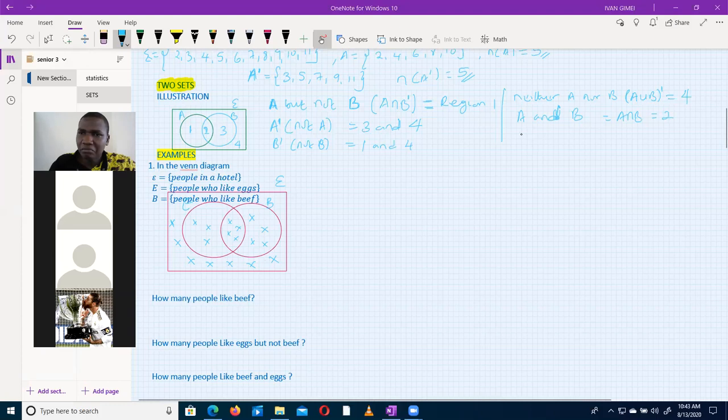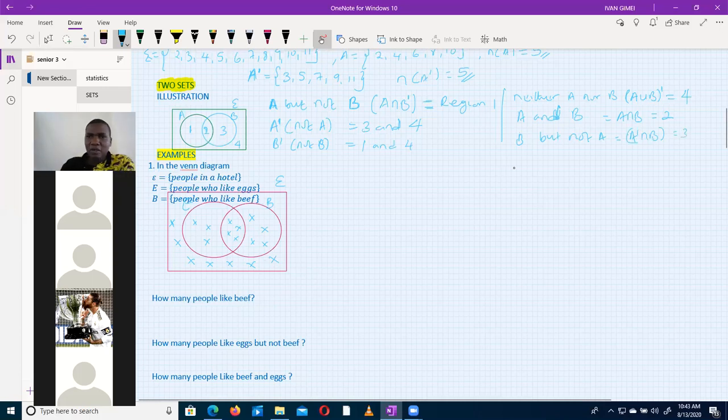Okay. B but not A, we know that. That one we know to be the same as A complement intersection B, and that's region 3. There's one that I've forgotten.